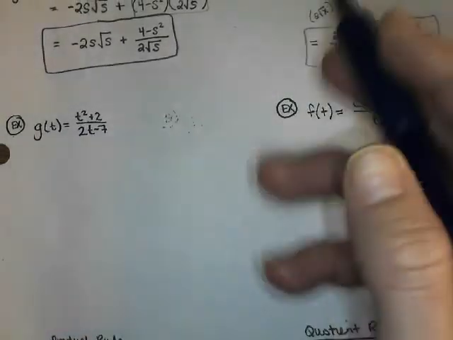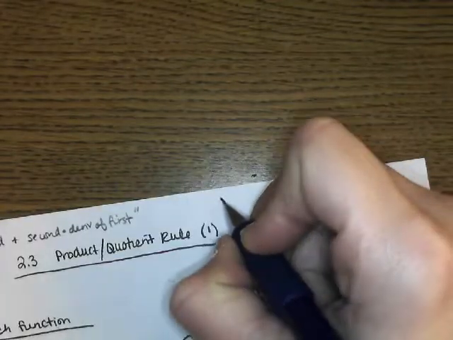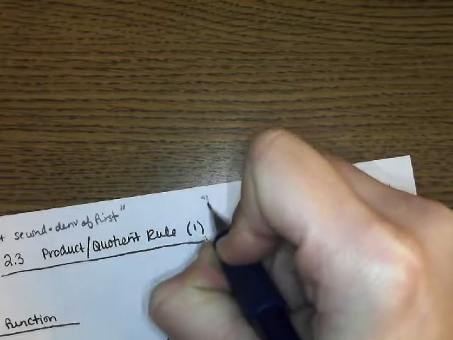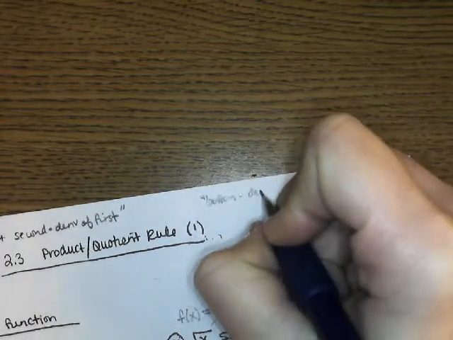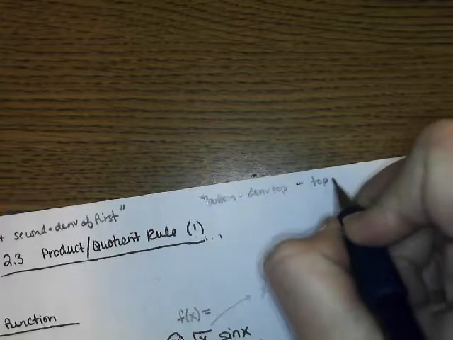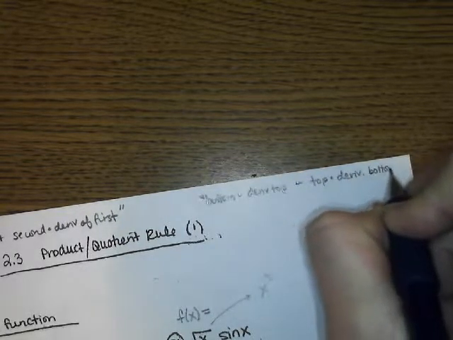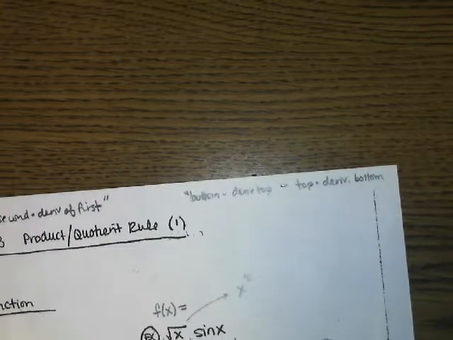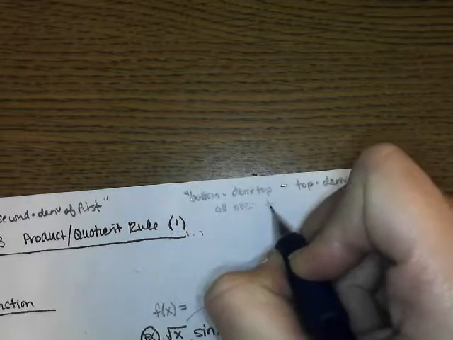So you will hear me say this for the quotient rule, and I'll write it up top again. The bottom times the derivative of the top minus the top times the derivative of the bottom, all over bottom squared.